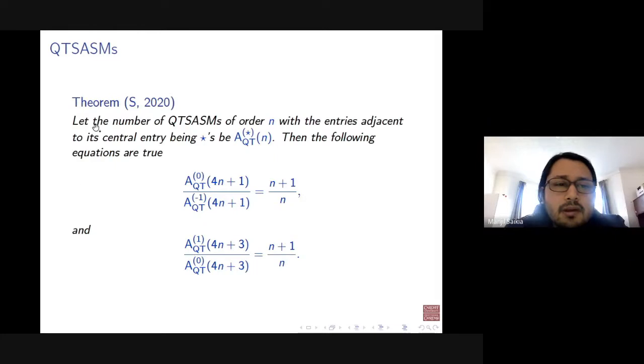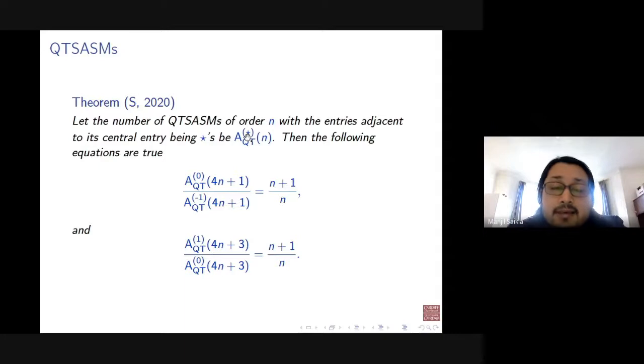So which is the following. The number of quaternion symmetric ASMs of order n with the entry adjacent to the central entry being something like this. If the central entry is 0, then I replace the star by 0, and if it is 1, I replace it by 1.